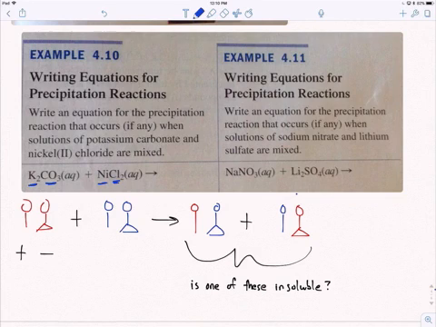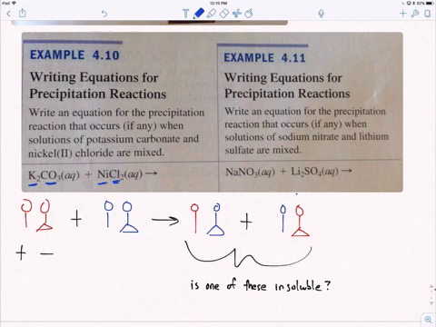I'm denoting the male as a positive ion and the negative anion as a female. So here, potassium, the positive ion, is going to pair up with the negative anion, the chloride.